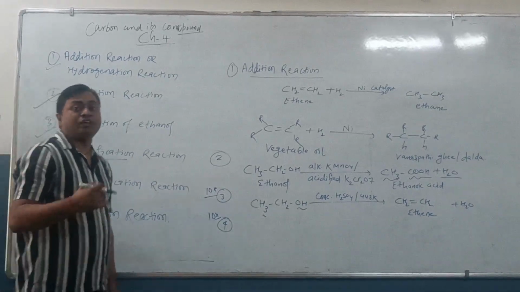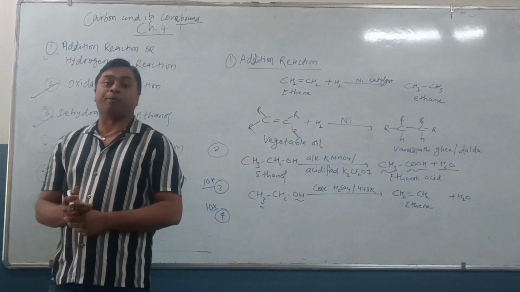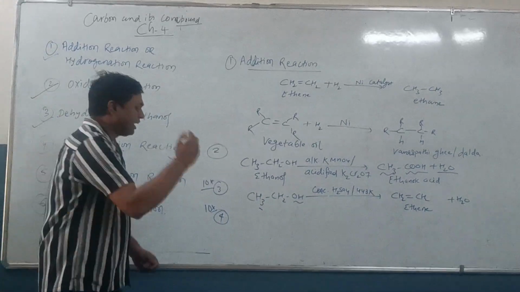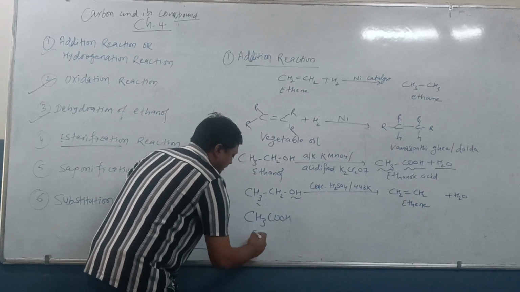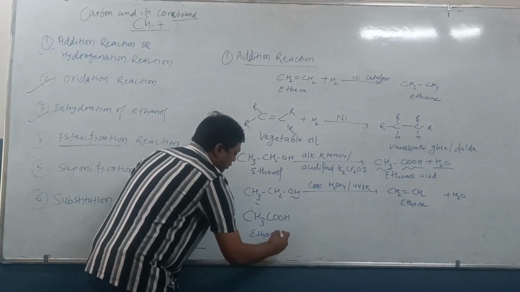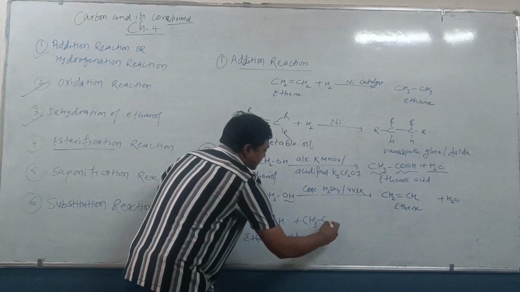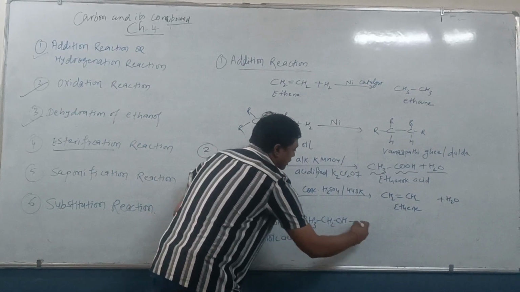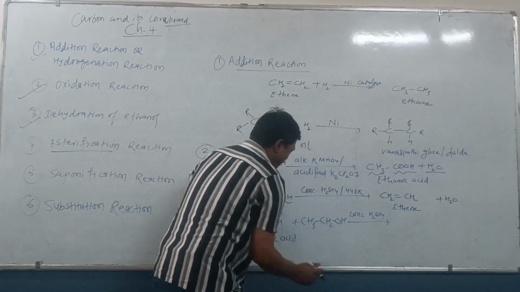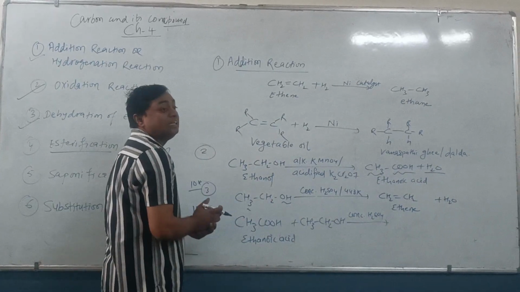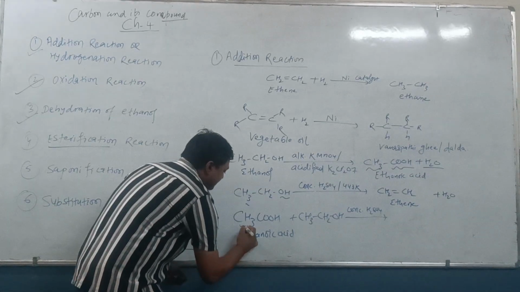It is a reaction of ethanol with ethanoic acid to form a pleasant smelling compound called ester. Let's take CH3COOH, this is ethanoic acid. Whenever it reacts with ethanol, CH3CH2OH, how do you write it?